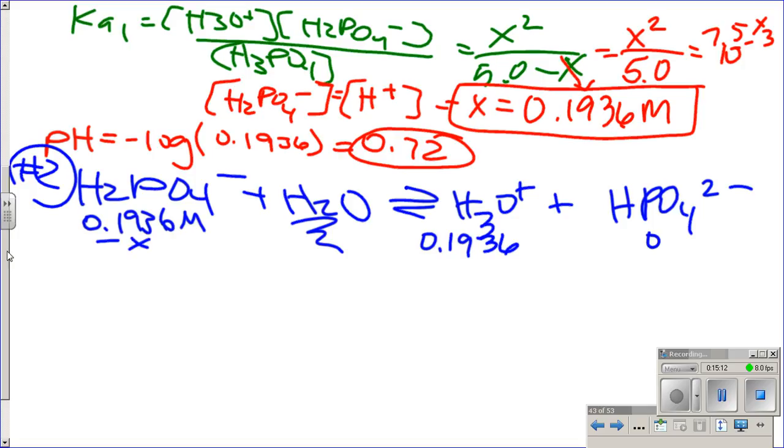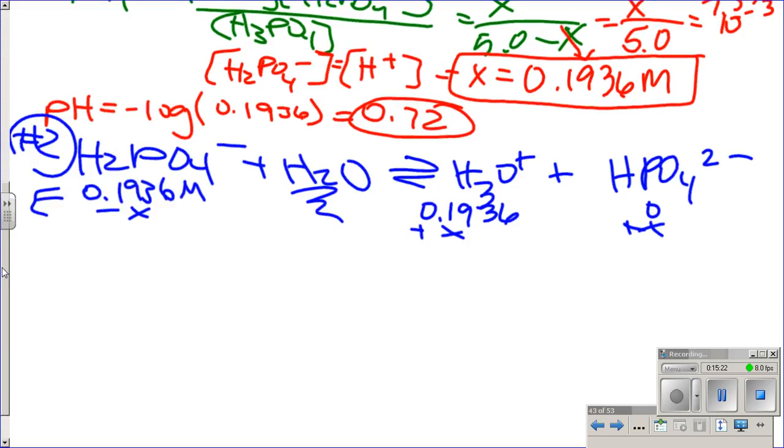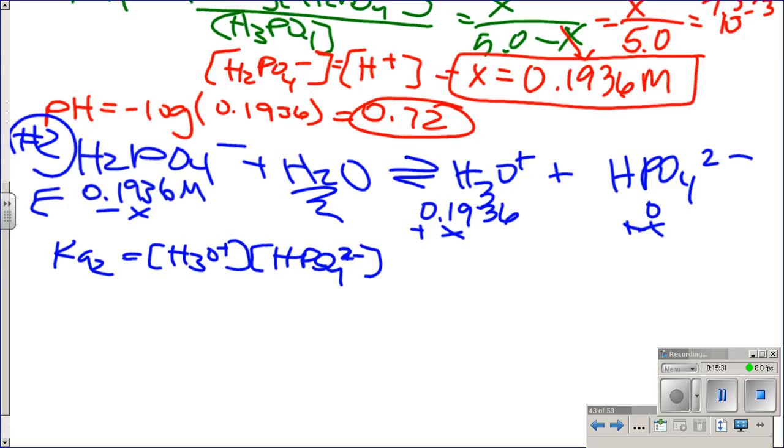Now minus X, plus X, plus X, and that's going to be my equilibrium. I'm just going to mark that in red, like that's the equilibrium now. And then Ka2 is equal to hydronium times HPO4 2 minus over H2PO4 1 minus.